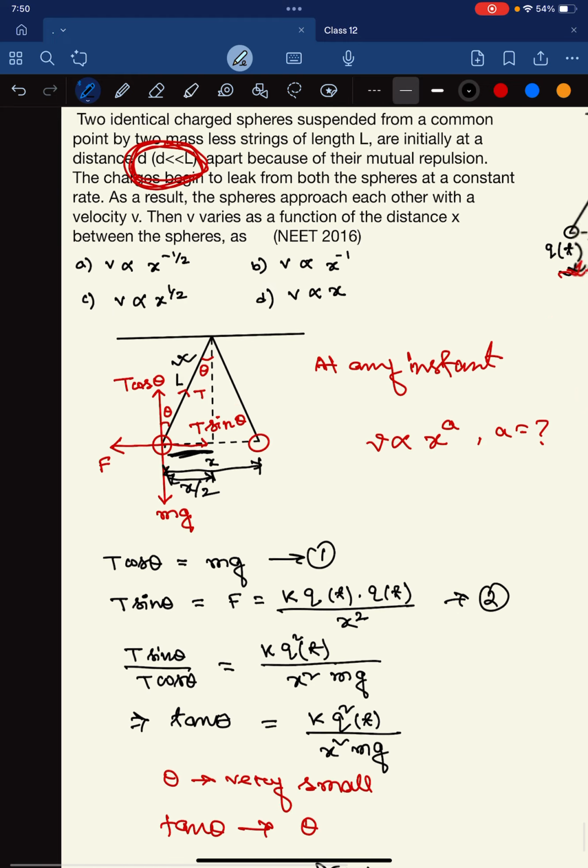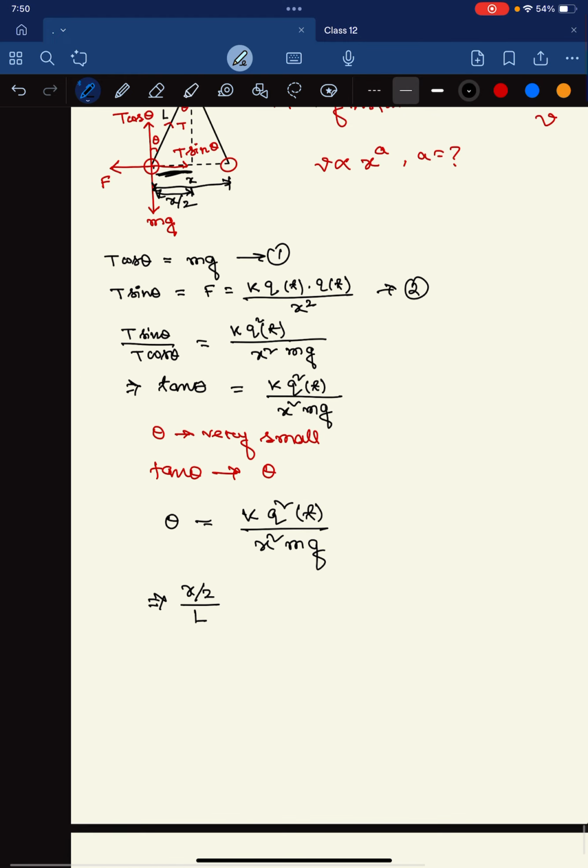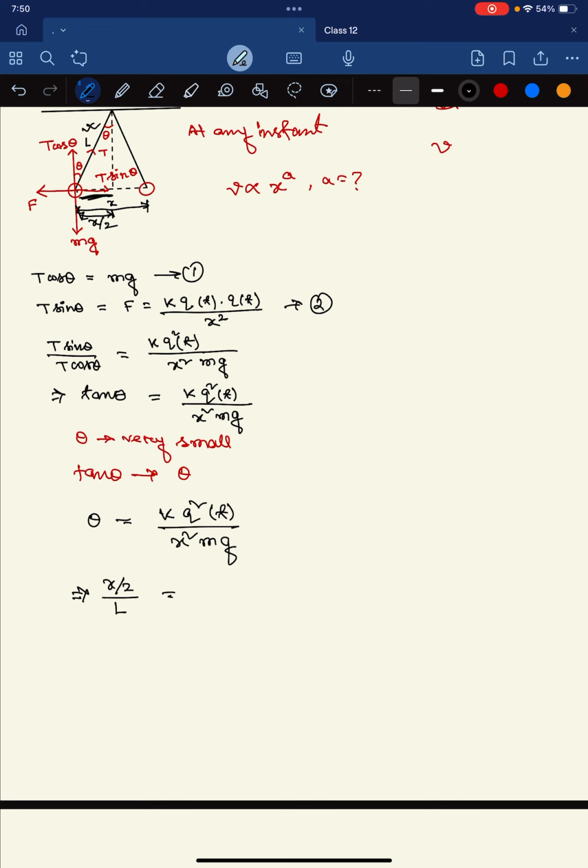So I am writing x by 2 by L equal to k q square, a function of time, by x square mg, or I can write x by 2L equal to k q square by x square mg.